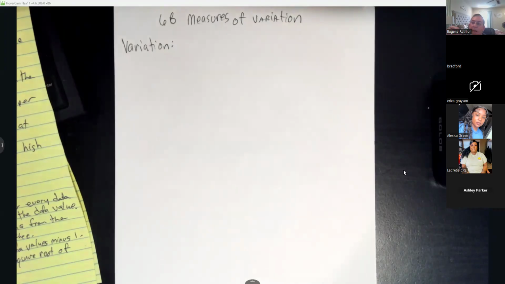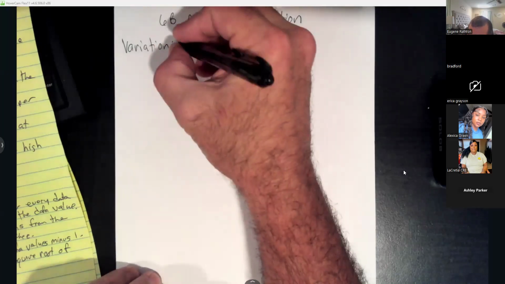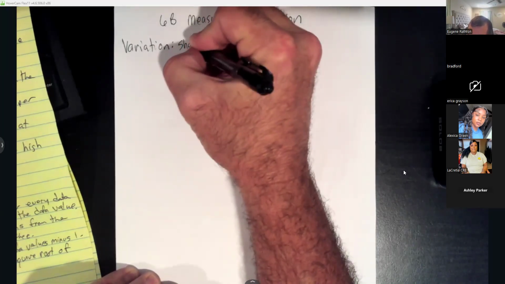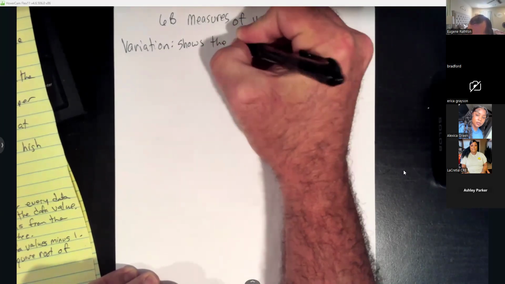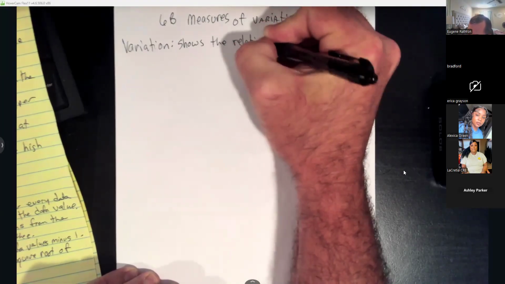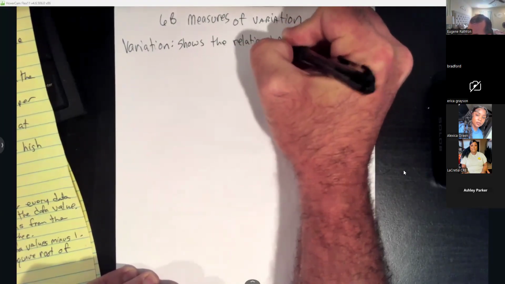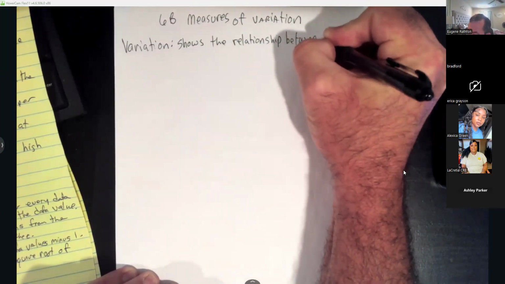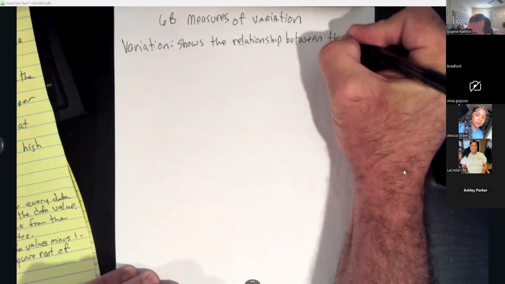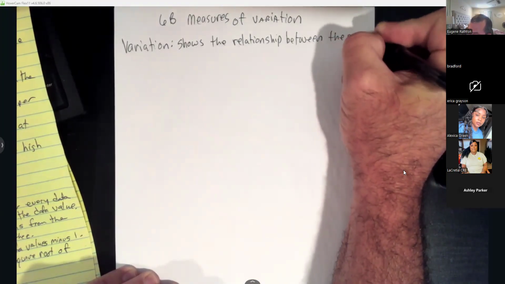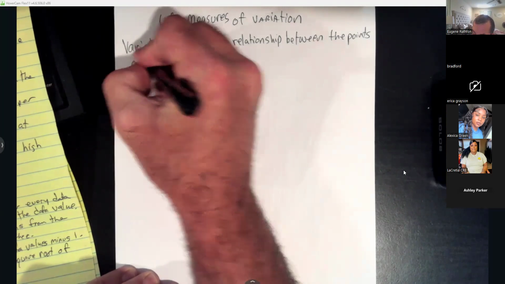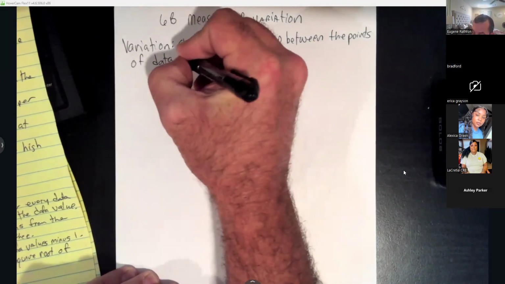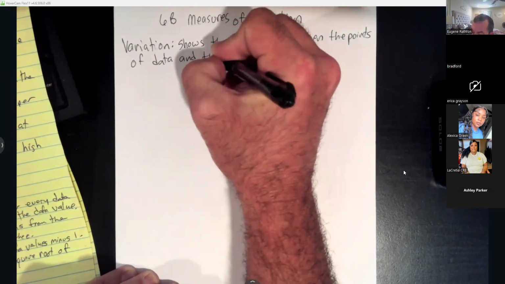So when we're looking at variation, we're looking at how far from the mean or average our data is. So variation shows the relationship between the points of data and the mean.